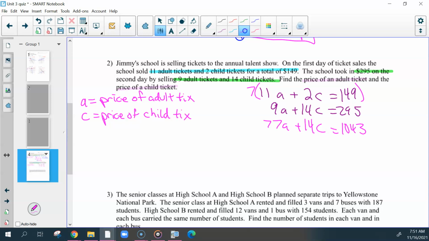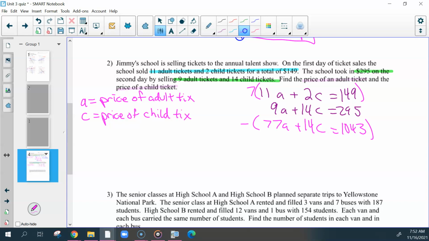If we were getting rid of C, which in this case we are, these are both positive, so we can subtract. If you want to move them so that you're subtracting and don't get negatives, that's also fine. I'm not going to do that. So we'd have 9 minus 77.